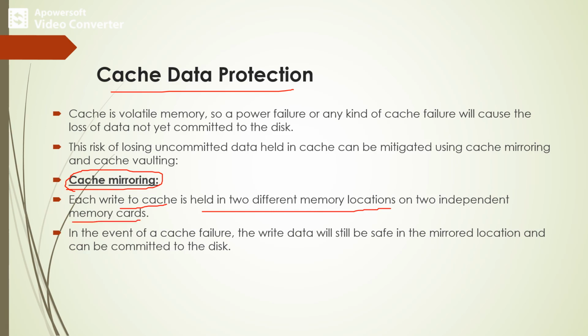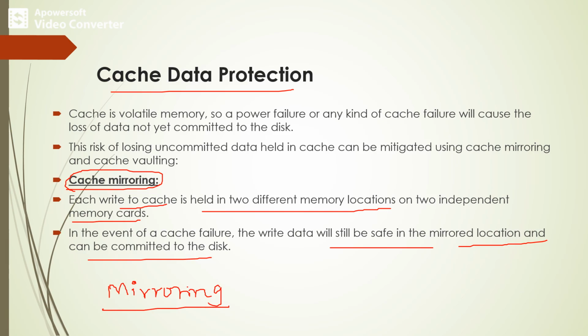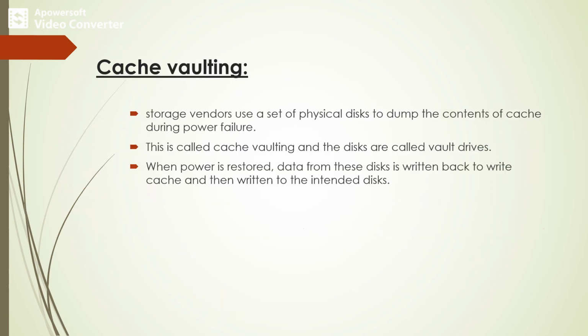In the event of a cache failure, the write data will be safe in the mirrored location and can be committed to the disk. So we adopt the concept of mirroring. During the occurrence of any cache failure, the data can be recovered from the mirrored cache data.